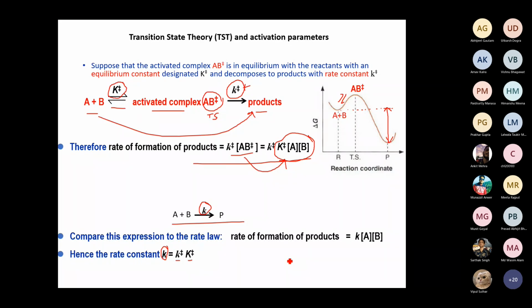Very simple. Is it fine? Any questions? So K, the overall constant for A and B converting to P, is the multiplication of the constants of the individual steps. The first step is the equilibrium constant and the second step is the rate constant for the second step. You know that from Professor Saswant's course. It's very simple, right?